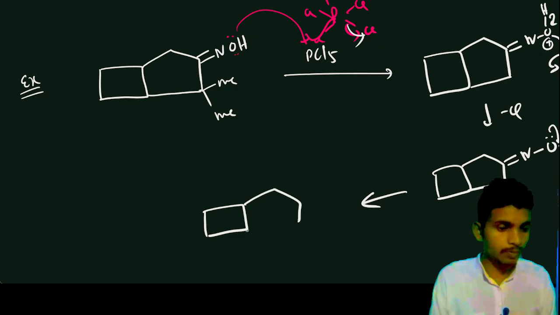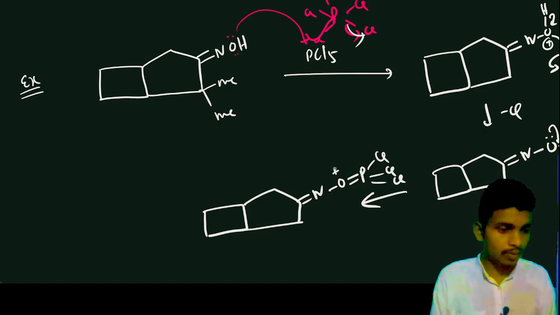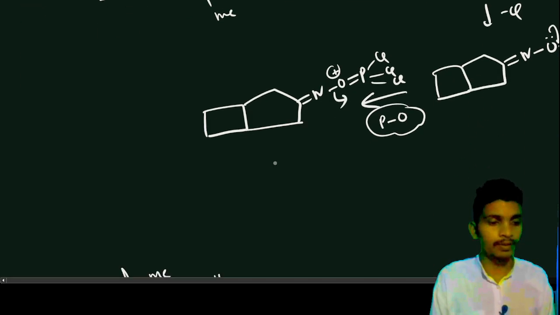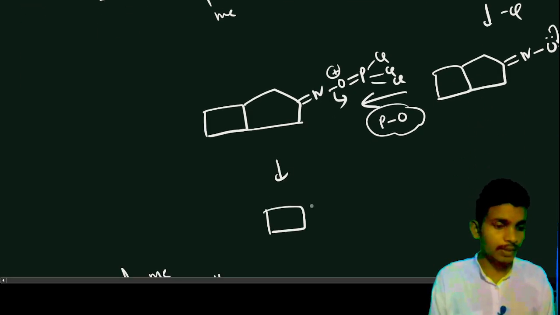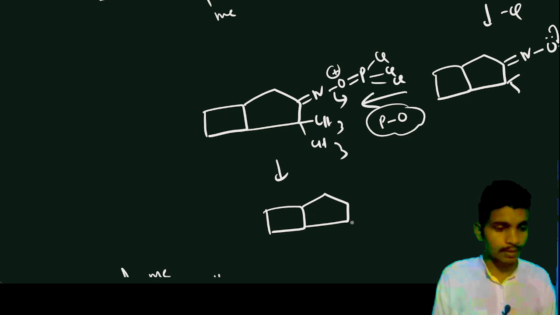This is going to be like this, N and O. Here we have P and Cl, Cl, Cl. So this again gets a positive charge, and we know that the P and oxygen bond is a very good bond, so this is going to be left here. So we will get the same thing: here we have CH3, and here also we have CH3. It is mentioned here that CH3 is there.